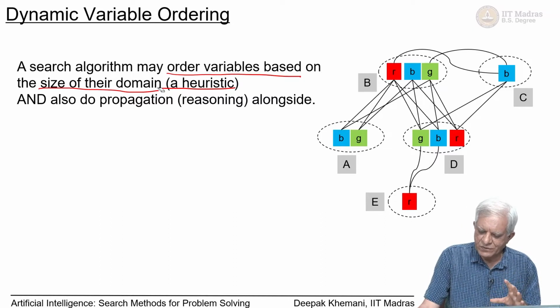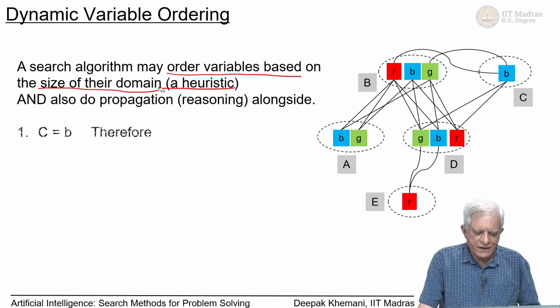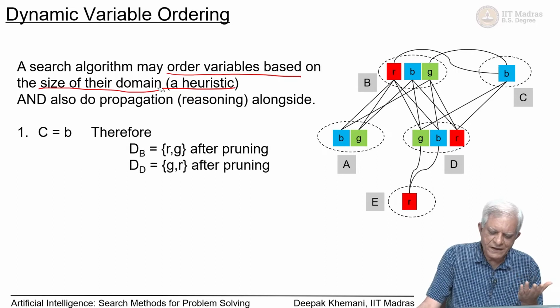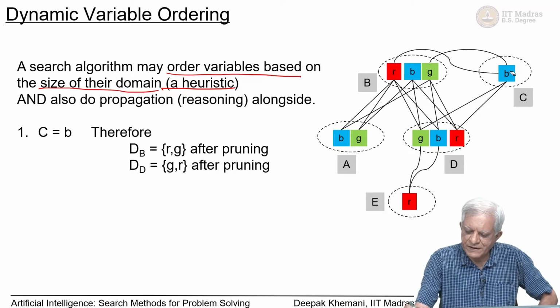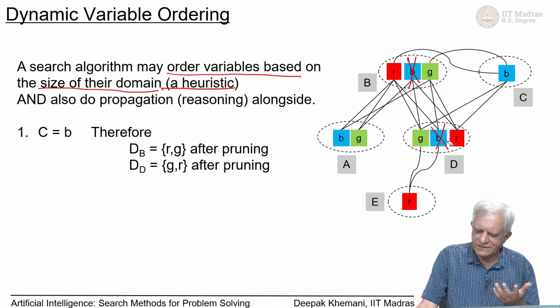So, let us look at the size of the domains. A has size 2, B has size 3, D has size 3, and E and C have size 1. So, we should choose E or C first essentially. Let us say we choose C first. There is only one value in its domain, which is blue, and we assign that, and the moment we assign that, we see that because C has a value blue, B cannot have a value blue, and likewise D cannot have a value blue, because they are touching regions essentially.